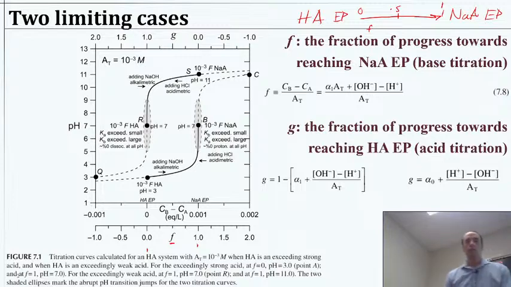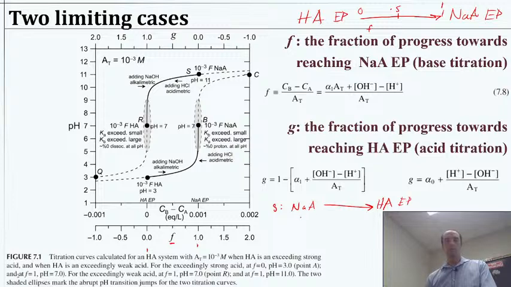So in this case, for G, we are going from NaA to HA equivalence points. And we could look at that in the same manner. Of course, that's going to be kind of flipped on our pH diagram, right? That's going to be the lower the pH, the more progress we were making towards the HA equivalence point.